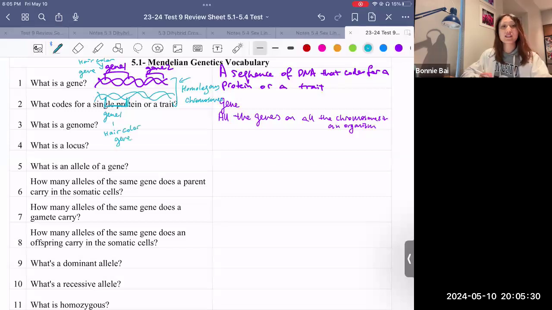So they're coding for the same trait. You would say gene 1, the hair color gene, together, even though we're looking at 2 of them, it's still one gene. It's like, even if I had 2 pens, right? I'm still looking at one category of material, pen.